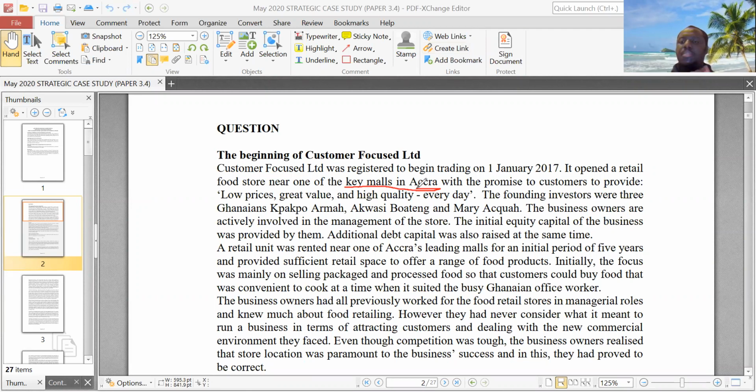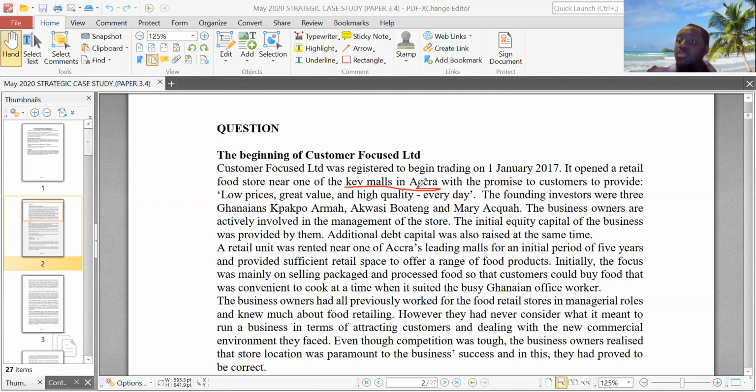We've studied in our previous videos about the four P's, and one of them is place, which talks about location. So location is very key when starting a business. It looks like Customer Focus Limited, which I'll be calling CFL going forward, has done a good job in terms of location.